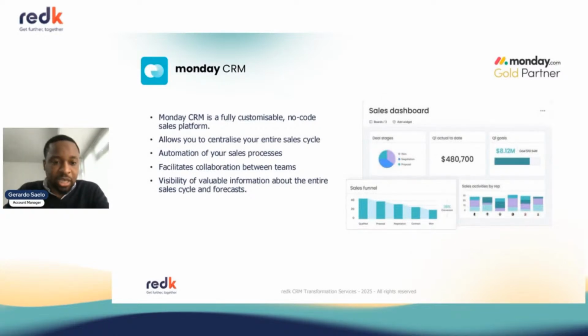Then we've got Monday CRM, which, as its name indicates, is a CRM platform where you can control the entire sales cycle and forecast as well. Again, it's fully customizable. It's a no-code sales platform, which makes it very easy to integrate with different systems or third-party tools as well.